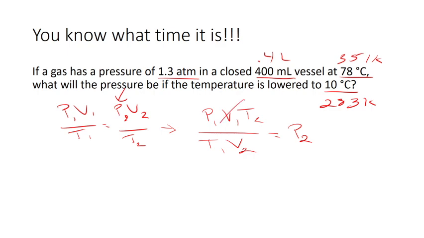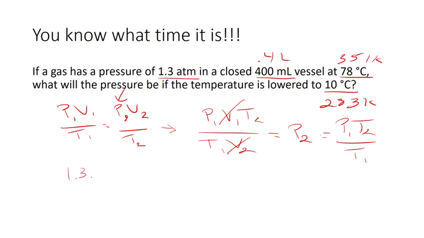So to make this easier, we just cancel those out, meaning that we have P1 T2 over T1 equals pressure 2.